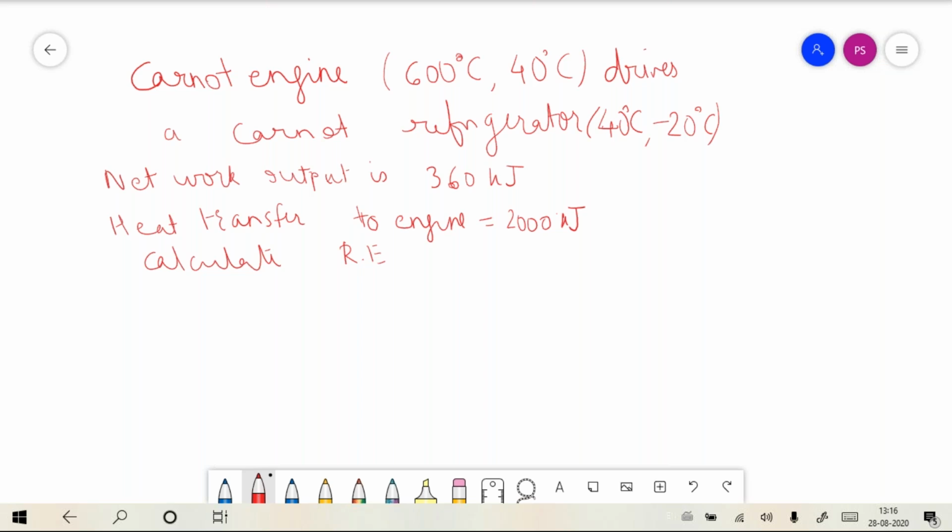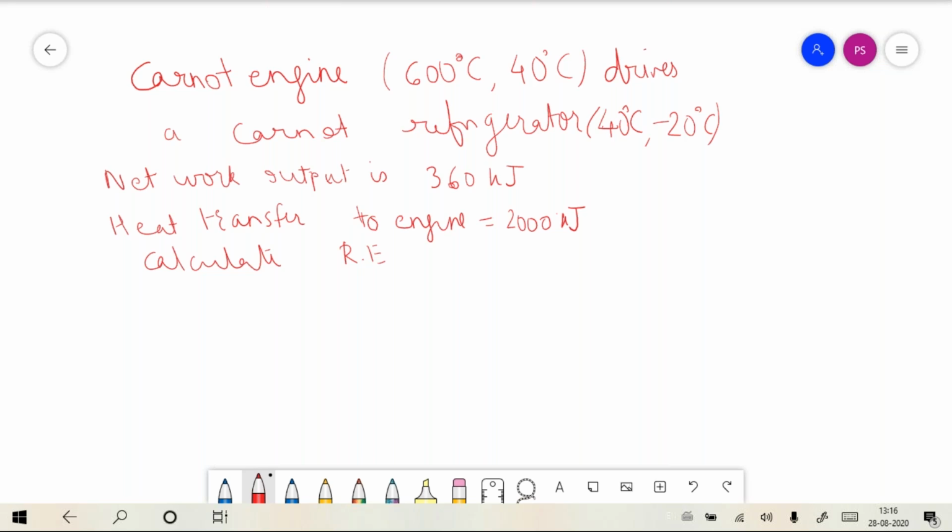The combined work output of these two is 360 kilojoules. The heat transfer to the engine is 2000 kilojoules.